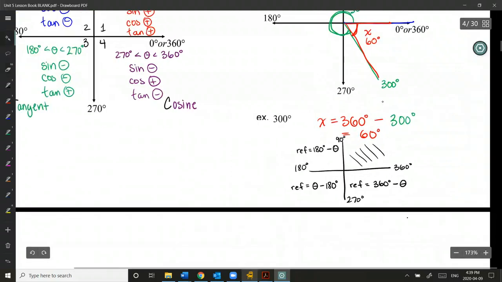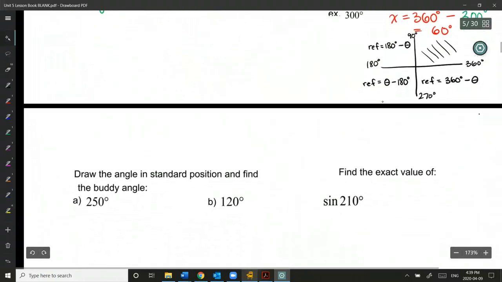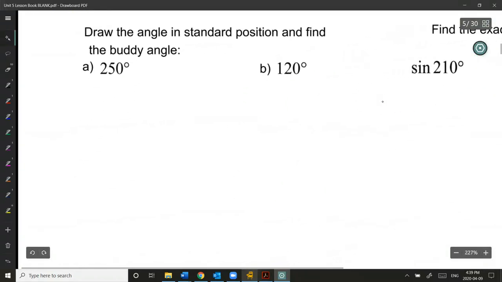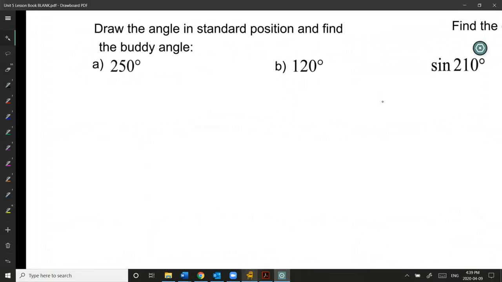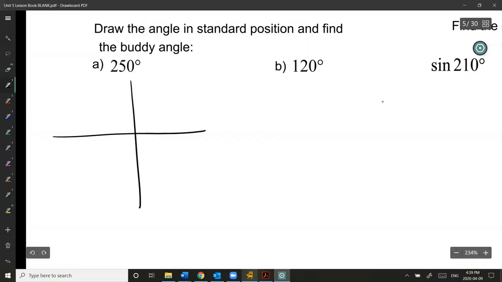Okay, so let's put this all into practice. First, we're going to draw the angle in standard position and find the buddy angle or the reference angle. So let's draw our quadrant grid.